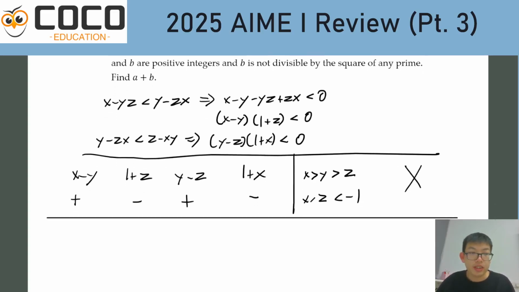Okay, so next one is if the signs go plus, minus, minus, plus. Now, plus, minus, minus, plus means that y is the smallest one. It means that we are told here that x is more than minus 1 and z is less than minus 1.